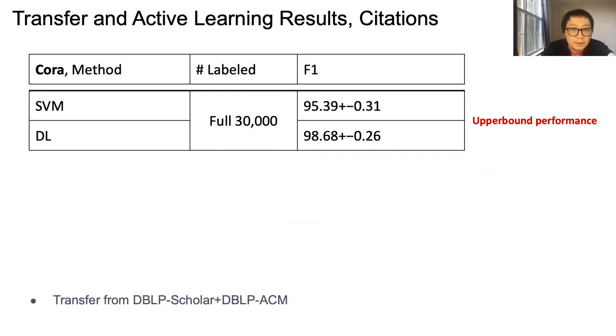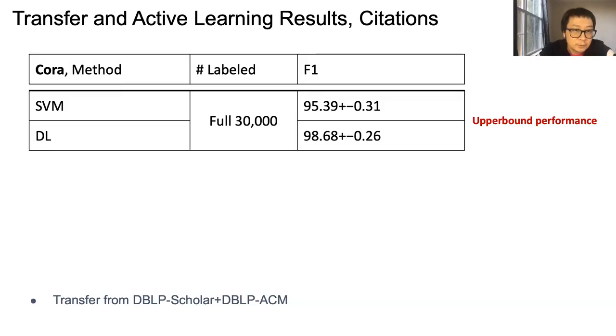To give you some results for active learning, first we have applied this method to transfer a model and adapt it to a data set called Cora. First of all, the experiment we have done is that since we have the benchmark data set, we give SVM and deep learning all the training data they have.